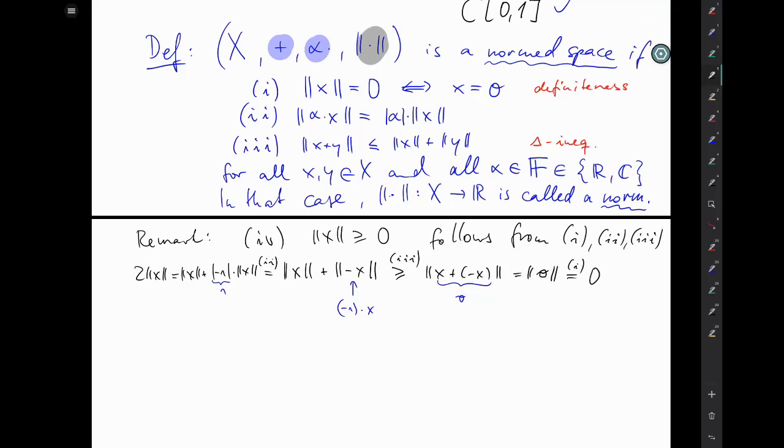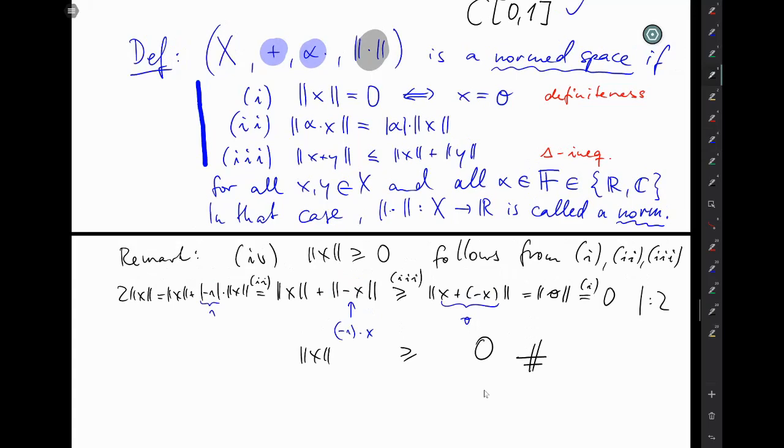I guess you can somehow recognize the proof that we had for metrics and the corresponding property there. So if you divide everything by 2, you see that the norm of x is always greater than or equal to 0. So again, it's perfectly fine to look at properties 1, 2, and 3, and negative values of the norm are already ruled out by these, as we just saw.